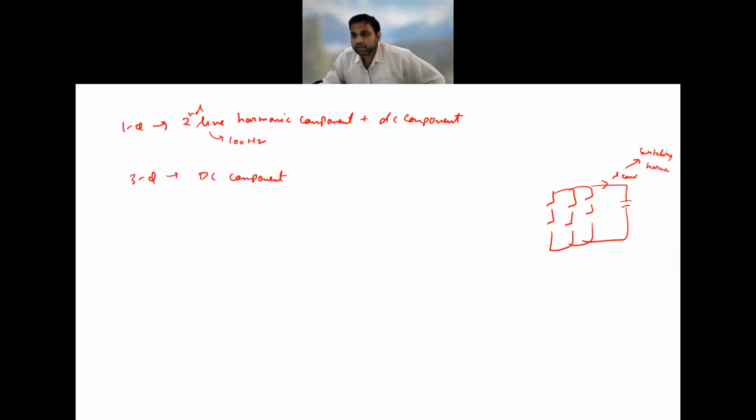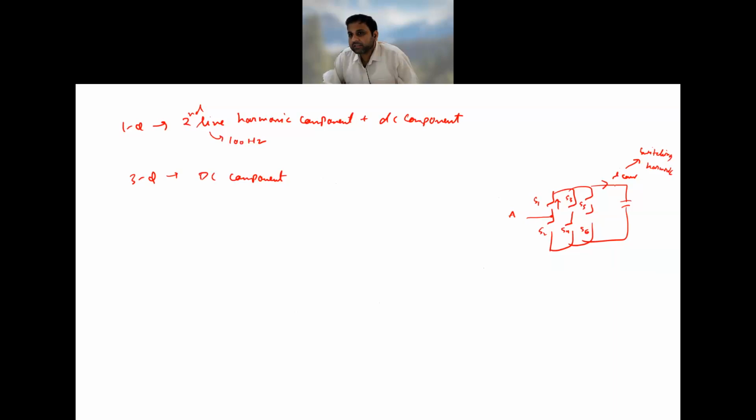Because this I converter current is varying. Let's say in A phase, for some DTS period, this S1 switch is on, along with S3, S5, S2, S4. For that period I converter current will be there, and then in the 1 minus DTS period, if S2 switch is on, then there will not be any current in the I converter.